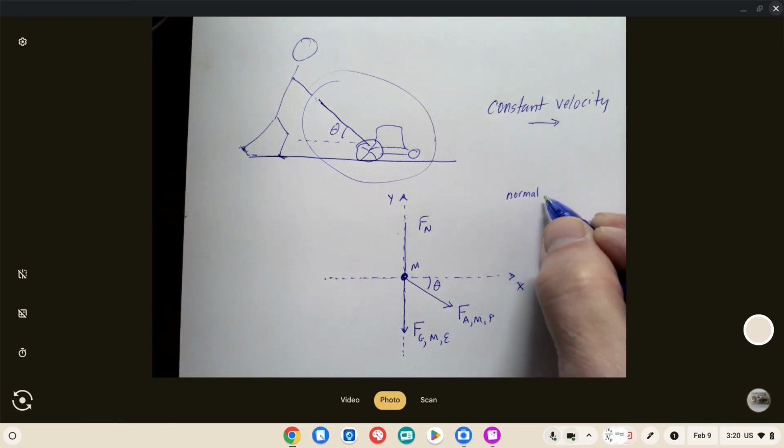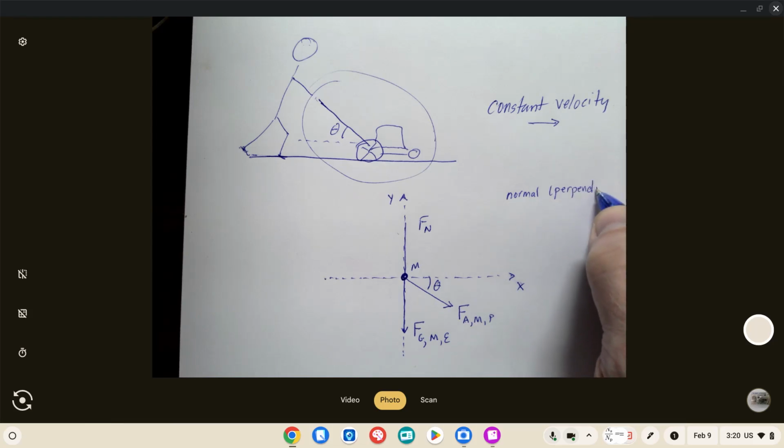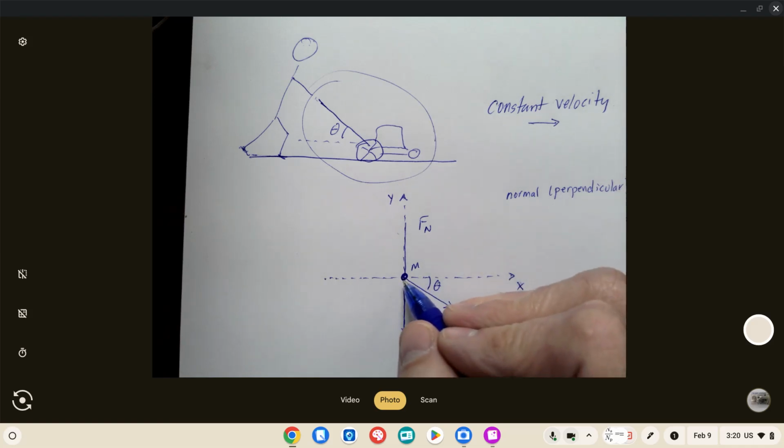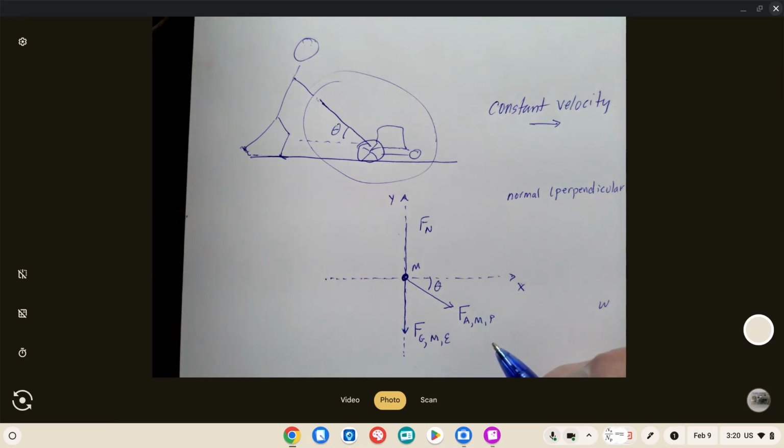It has nothing to do with that. Normal in math means perpendicular. So this force is perpendicular to the surfaces in contact. And it always pushes. This force normal is not going to pull down on a lawnmower. The ground pushes up on it. Now, how long do I need to make that? Don't know yet. I need to think a little bit more about this situation. I need to look at all the forces.